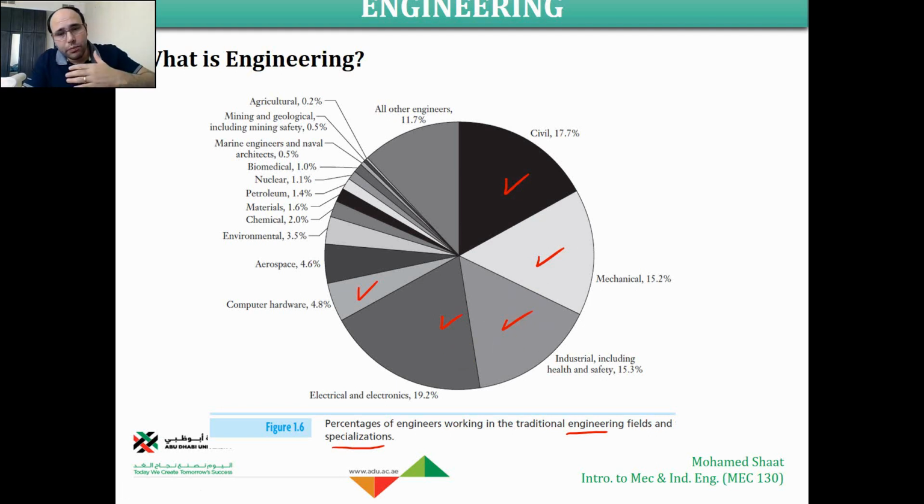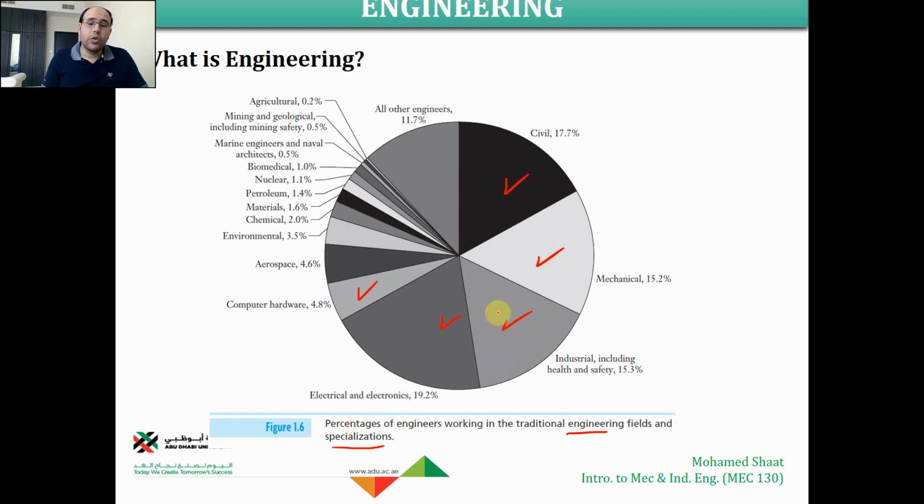For example, in the United States, 17.7% of the engineers are civil engineers. 15.2% of engineers in the United States are mechanical engineers. Industrial engineers, including health and safety, which relates to public health and safety issues, total 15.3%, and electrical and electronics engineers are 19.2% as measured. This is in the United States.